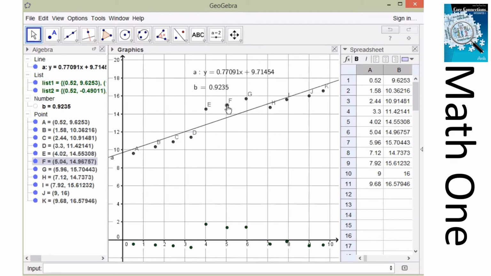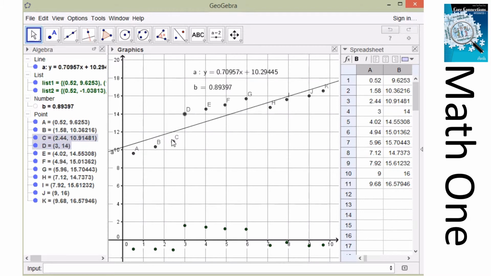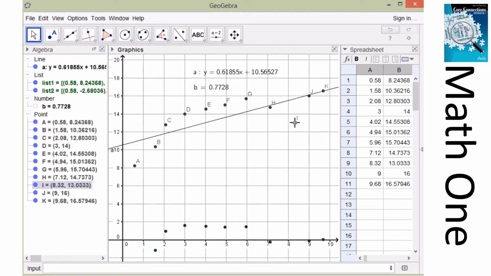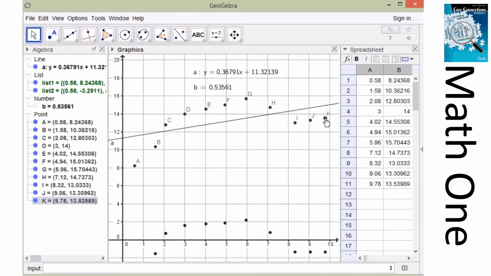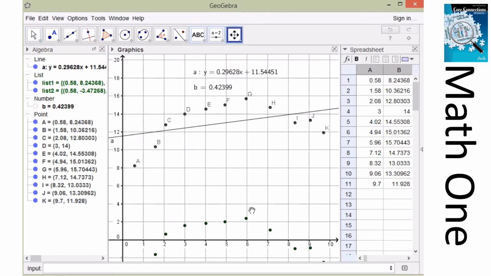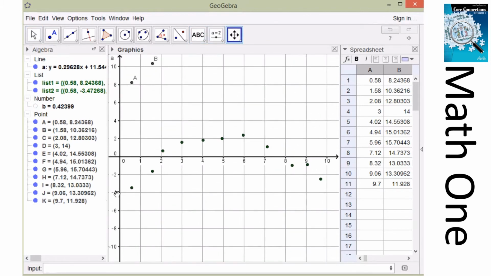Now, one of the things to look for is when you see in your residuals a clear pattern where the data points are above, yeah, like that. So they're above and below. If I look below here at my residual plot, because I see this kind of pattern, probably a linear model is not the best model for this data. There's perhaps something going on here.